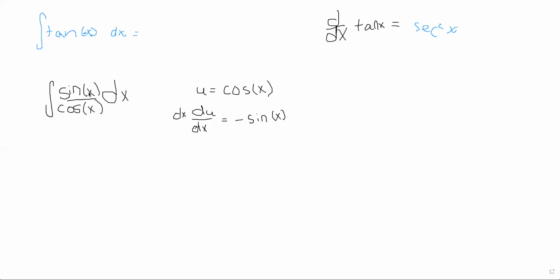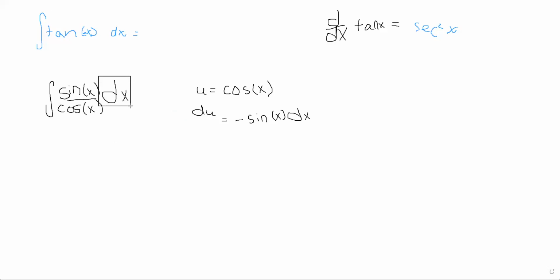So we already have the sine, we're missing the dx. So I'm going to multiply both sides of this differential equation, as we call it, by dx. So that means the dx on the left goes away completely. And then I also want to multiply both sides by, no, actually, I think I want to leave the negative there. So now I want you to help me out with this next part.